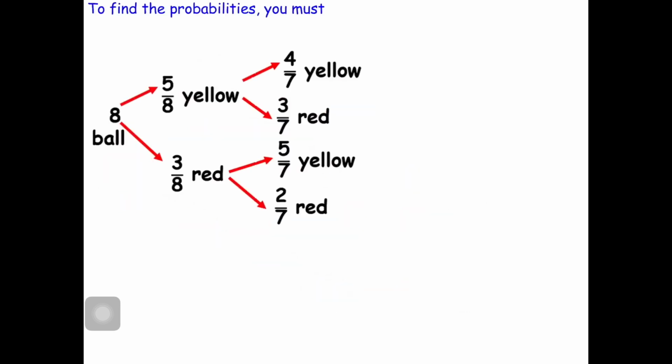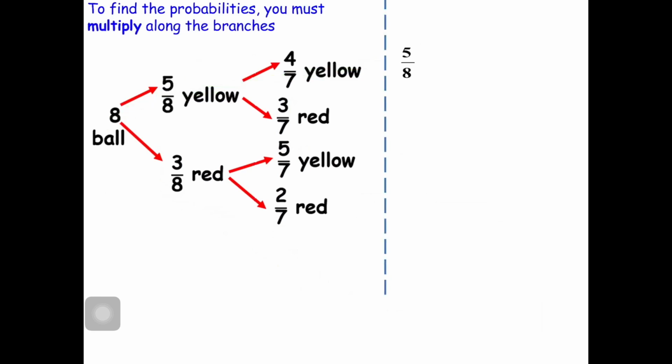So to find the probabilities, you must multiply along the branches. So to multiply, you will have 5/8 multiplied by 4/7, so you will get 5/14, the probability of getting yellow and yellow.